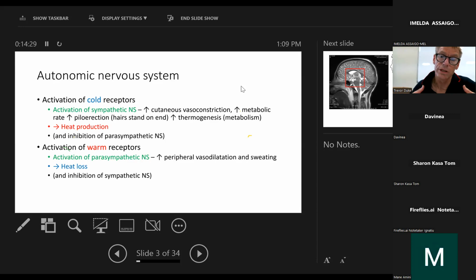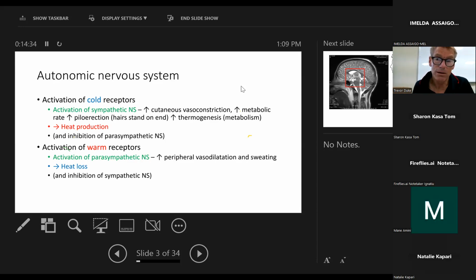If you're exposed to cold, then the body tries to generate heat by burning up metabolites, by burning energy. You also have this thing called piloerection, where you might have noticed your hairs stand on end on your skin, and that tries to trap heat within your body, so you're less likely to lose heat. It's a primitive reflex, I suppose, a little bit like having fur in our evolutionary past, or in animals having fur.